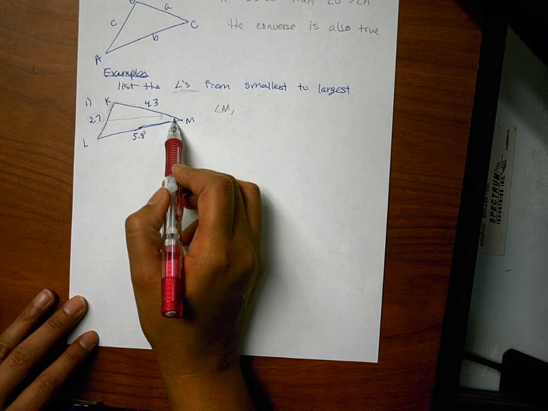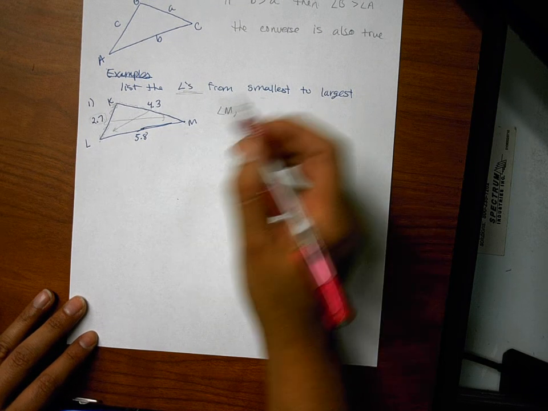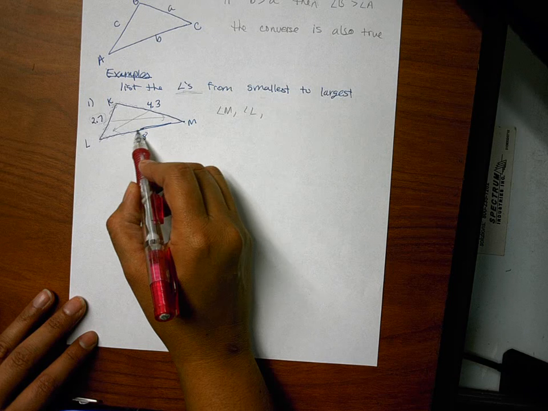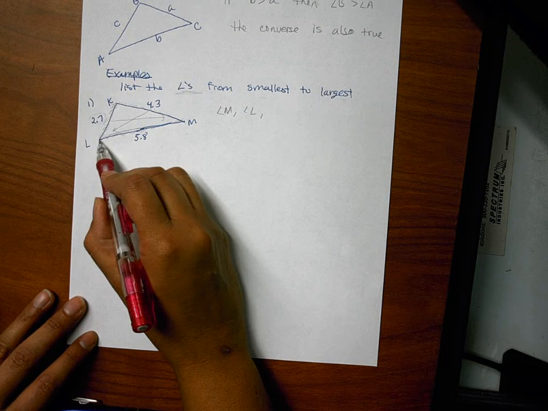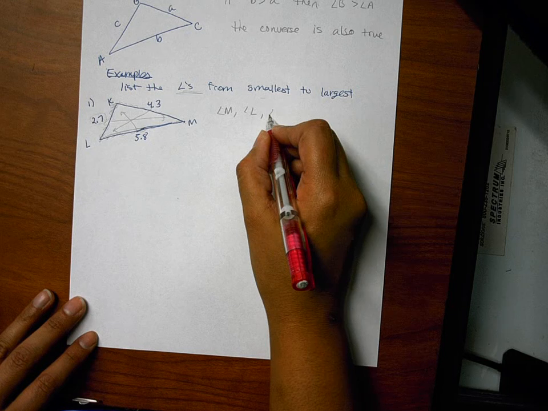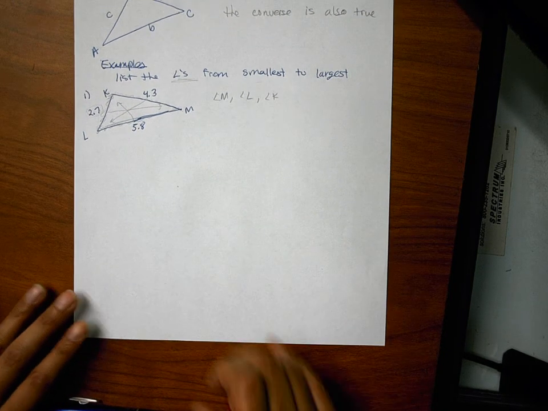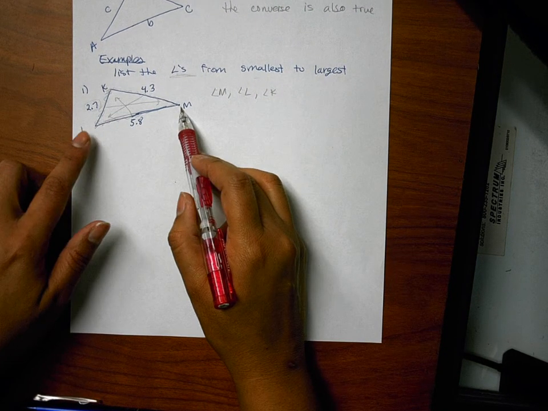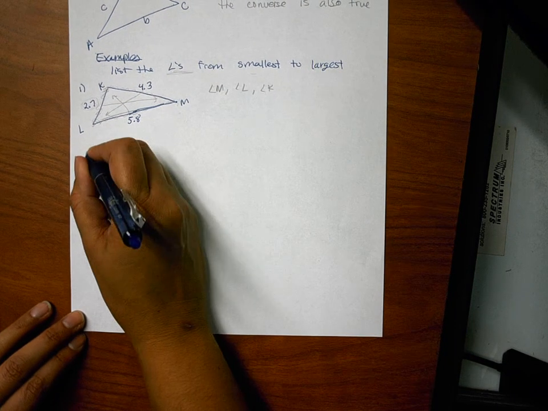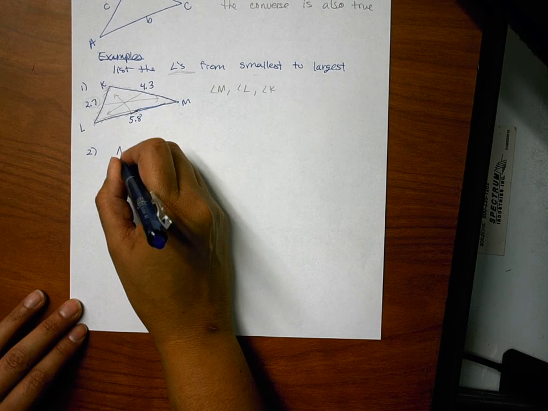Okay, the medium side is 4.3, touches K and M, so it can't be angle K or angle M. Opposite is angle L, and the largest is 5.8, and 5.8 touches L and M, so it can't be those angles. Opposite is angle K. The opposite angle is always the angle that does not touch the endpoints of that side.